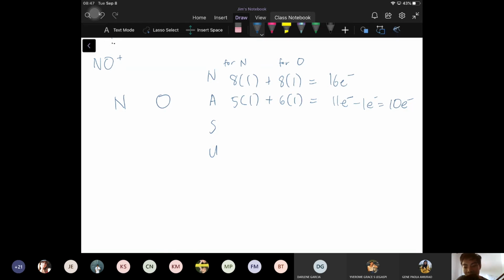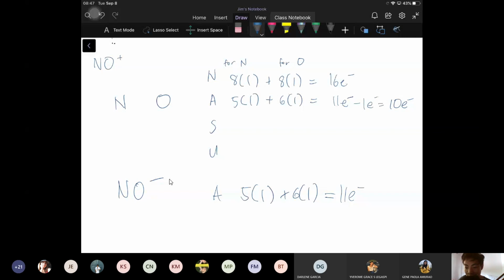Di ba remember your atoms, when they gain the electrons, they become negative in charge, di ba? Nagiging anion sila. So, ganun din dito sa molecules. If this becomes negatively charged naman, kunwari lang to ha, that means there is an excess of electrons.